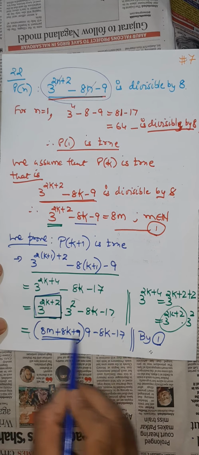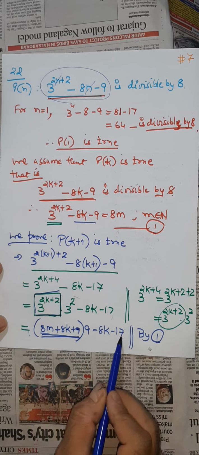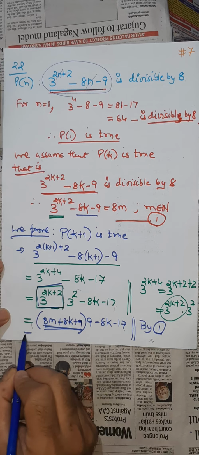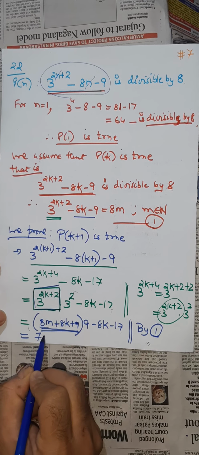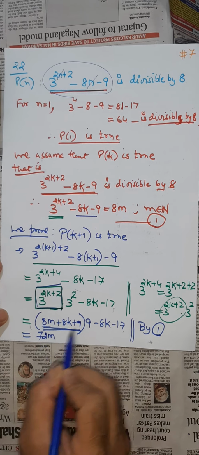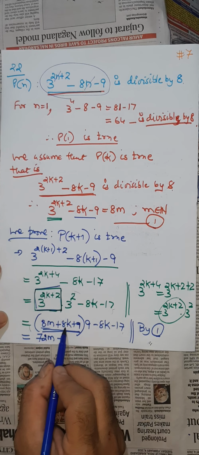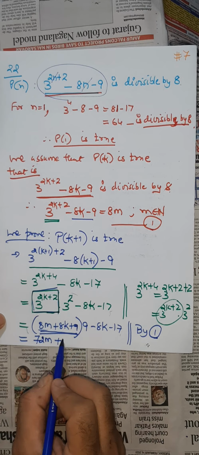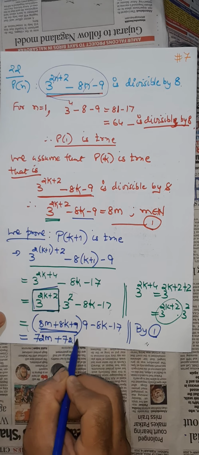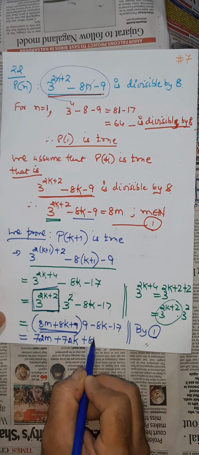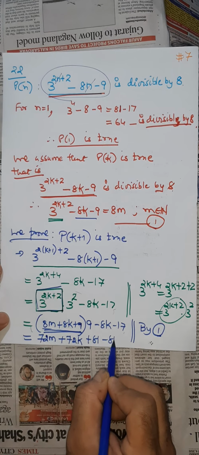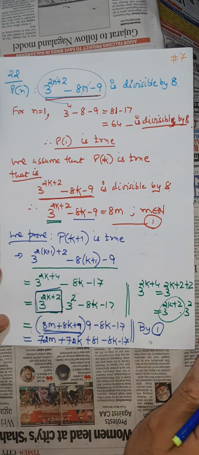Now we simplify and we'll see that this must be a multiple of 8. You must have 8 common here. So here 72m plus, what is this? Again 72k plus 81 minus 8k minus 17.